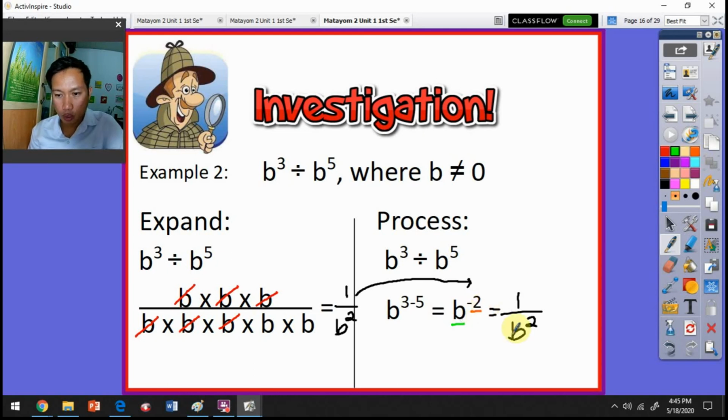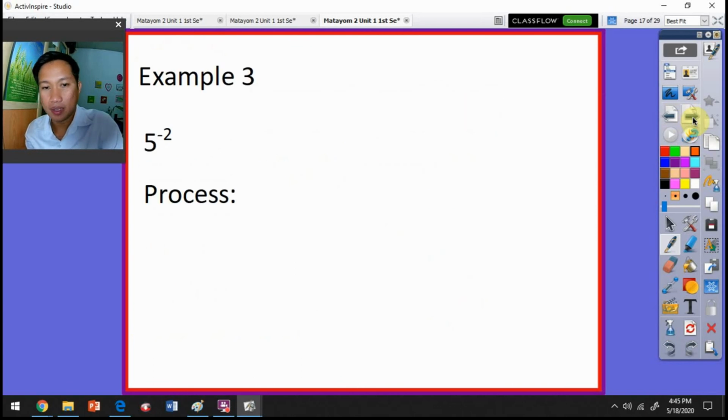Let's look at the reciprocal. B, 2. Oh, it works. Okay. So when you flip things, the base here will get its original exponent, like this one. B 2. B 2. Okay, is that clear?